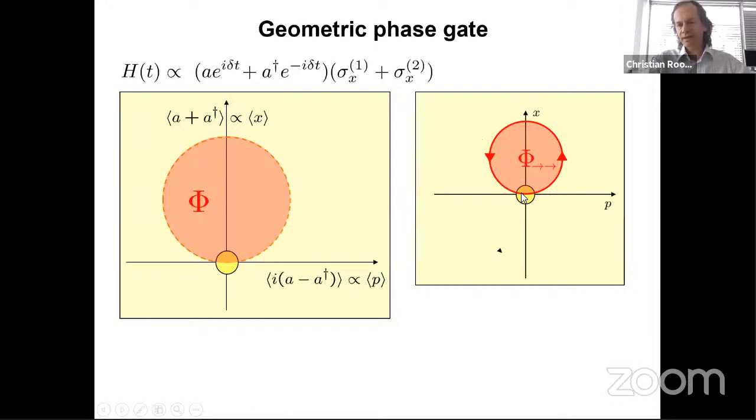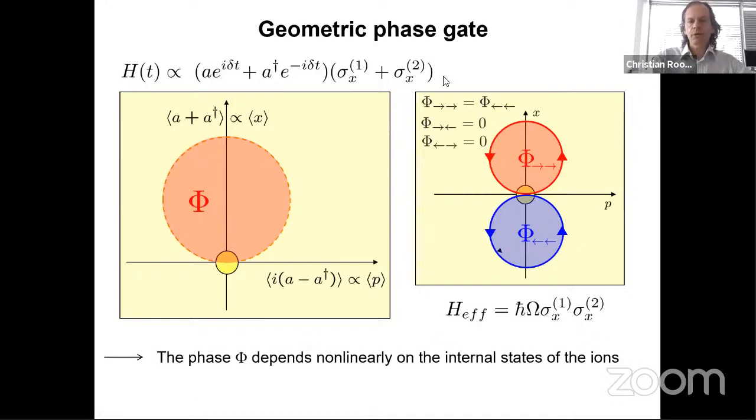If both ions are in the other eigenstate, which would be spin up minus spin down, then I have an eigenvalue of -1, and I have a sign change, which means that instead of first going to the right, I have a trajectory which goes to the left and also returns to the origin after a certain amount of time. And I have the same amount of area which is enclosed here, so both geometric phases are the same.